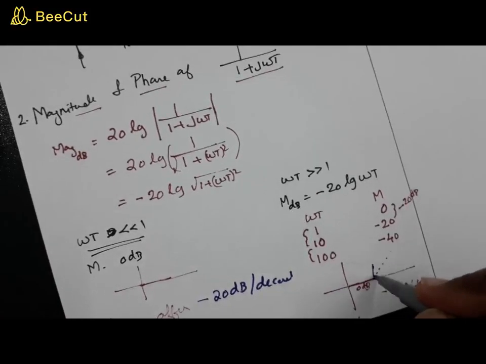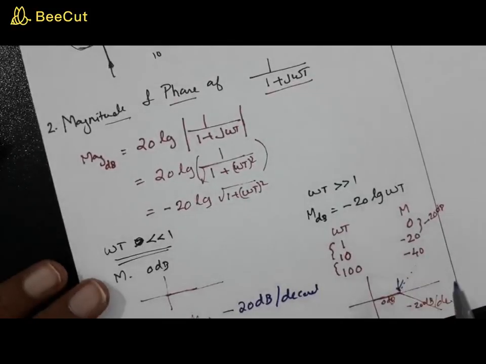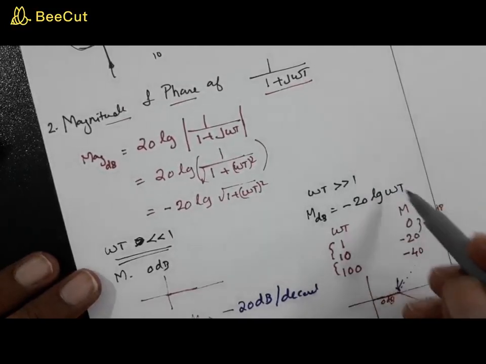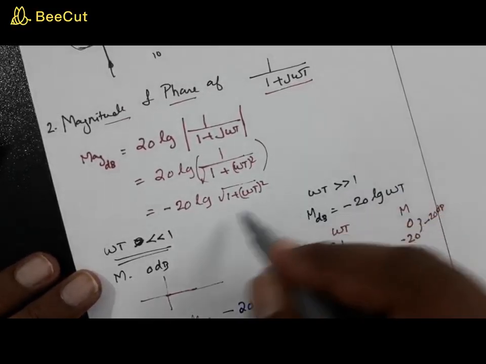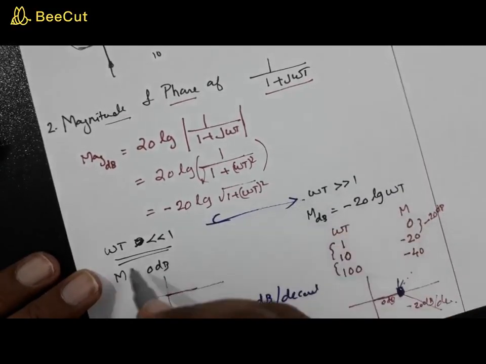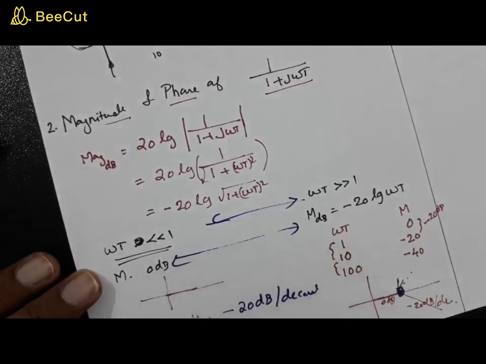It is the point where these two conditions meet together, or the magnitude remains the same. So this will be minus 20 log omega t equal to 0, or omega, you can find out again, equal to 1 by t.